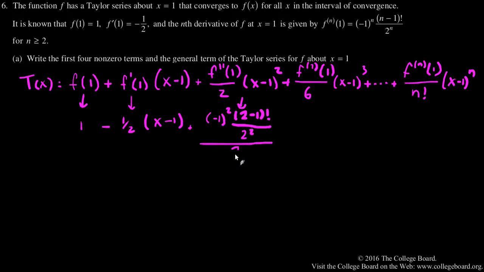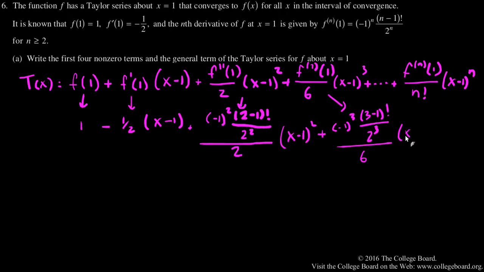So plus that all over 2 times x minus 1 squared. And the third derivative, I do the same thing. So I have this plus negative 1 to the third times 3 minus 1 factorial over 2 to the third all over 6 times x minus 1 to the third. Let me work this out first, and then I'll come back and finish this up.